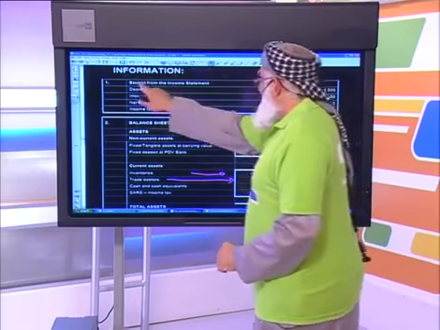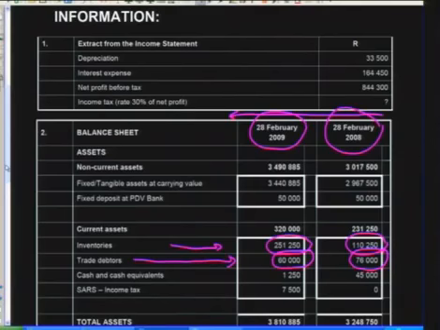So, extract from my income statement, there's the interest expense that I require: 164,450. I'm going to need that figure.